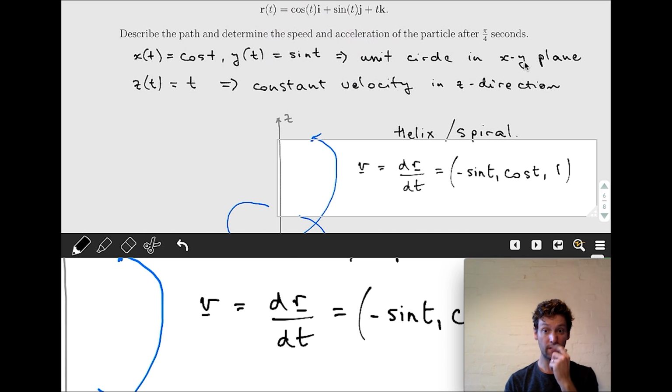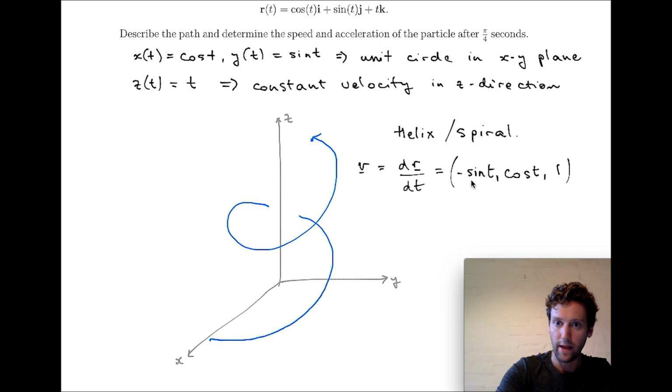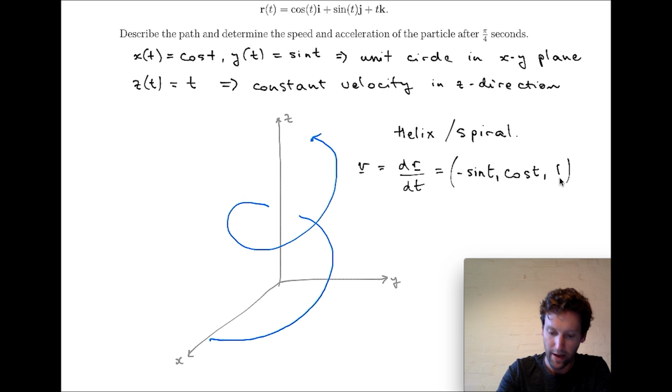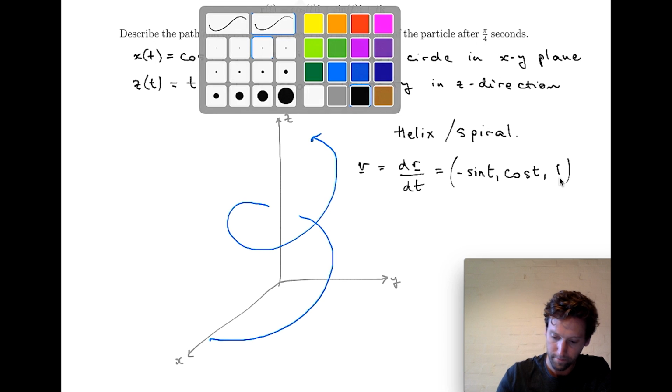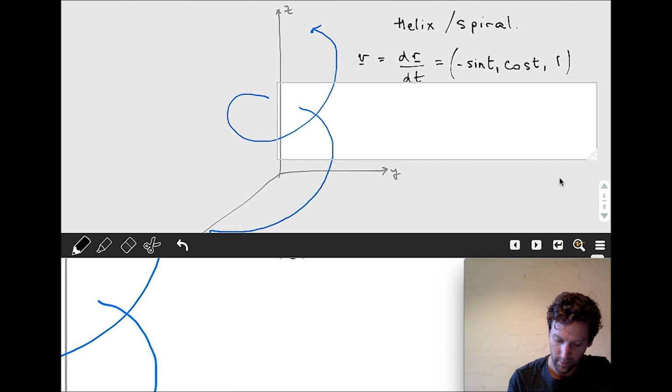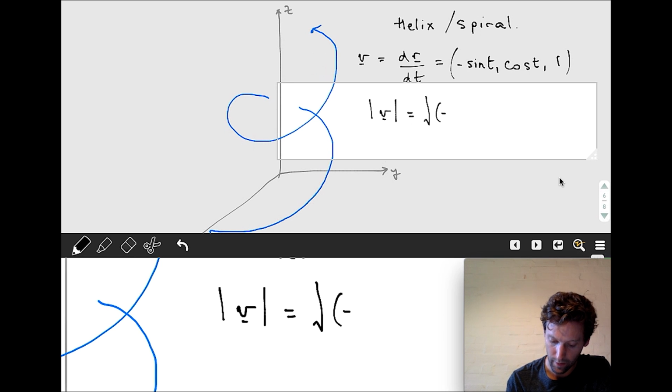So you see that again we get circular motion in the xy plane. This is what the velocity vector would be doing for circular motion, but we get a uniform or constant velocity in the z direction. So let's see what the magnitude of the velocity would be. So the magnitude of the velocity is equal to the square root of the square of its components added together.